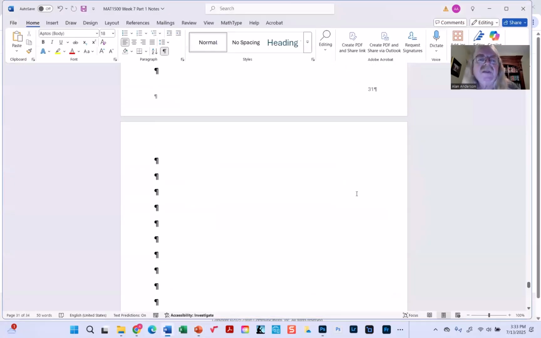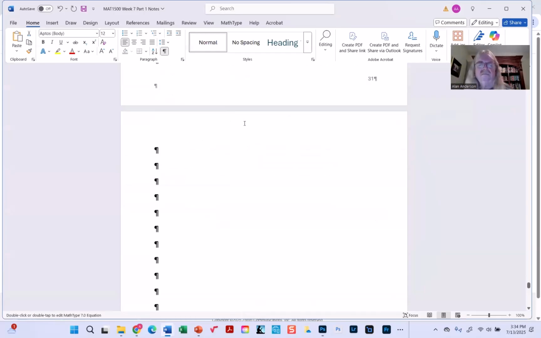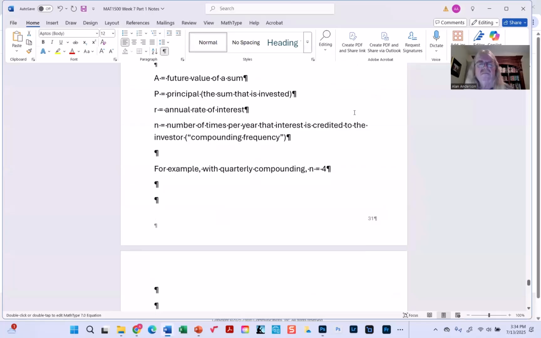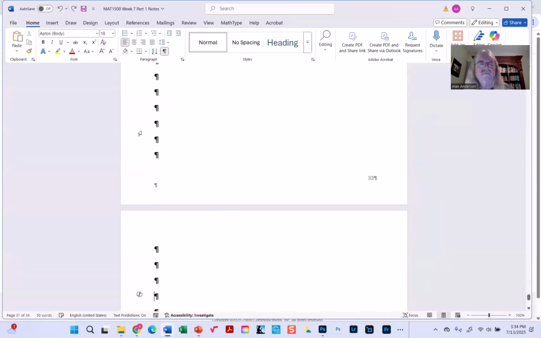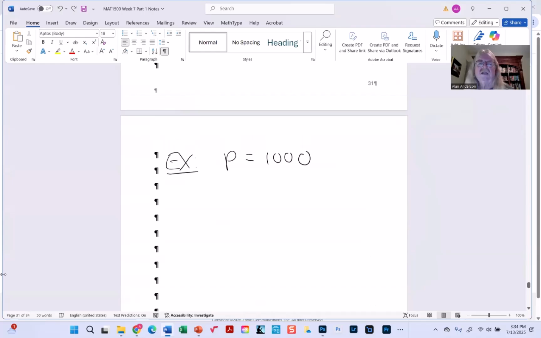So in this formula, we have 1 year. R is 8%. Here we go.